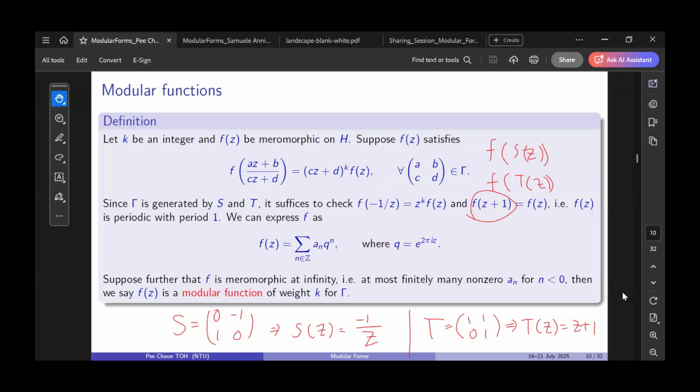We must prove that f(z plus 1) is, because c is 0 and d is 1, 1 to the power of k, but 1 to the power of k is always 1, so this is the same as f(z). Basically, we just have to prove these two identities. If we can prove these two are correct, then obviously it will be correct for any a, b, c, d in gamma.